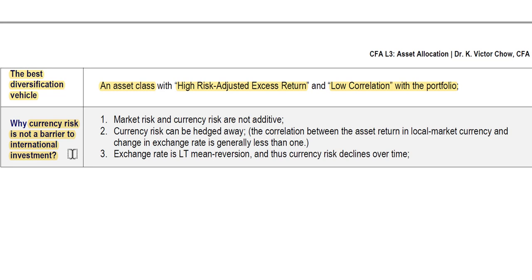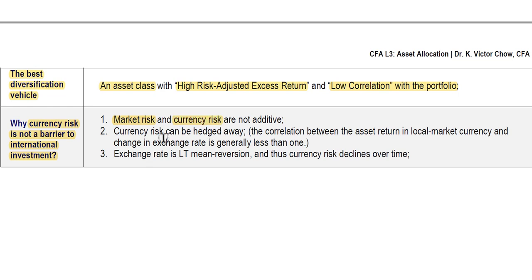If you cross different countries and you do international diversification, the purpose of that is long-term. And then the risk of diversification is based on market risk. The market risk is a long-term concept. Why do you care about the short-term currency risk?